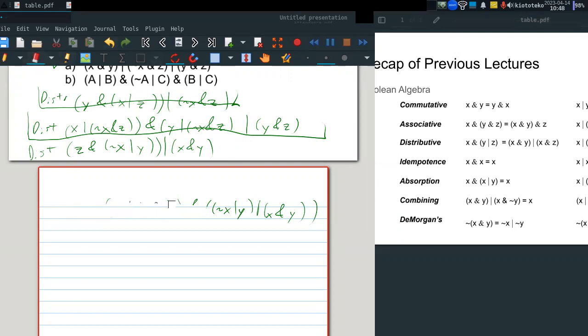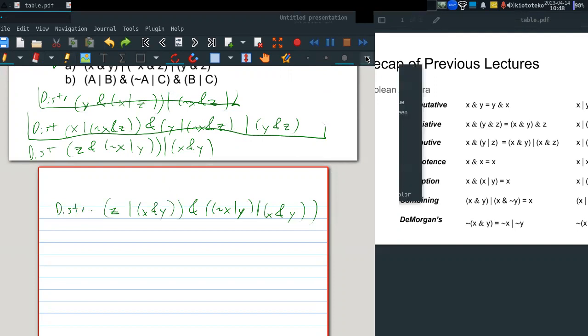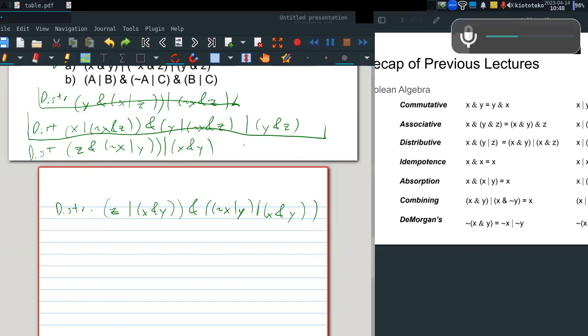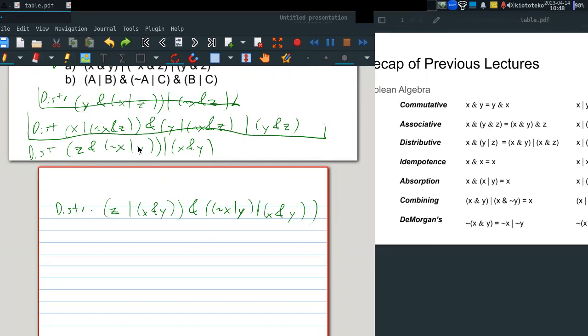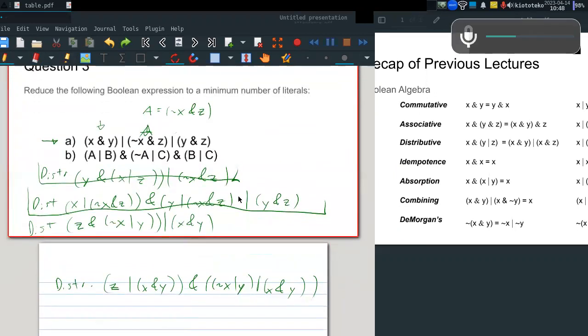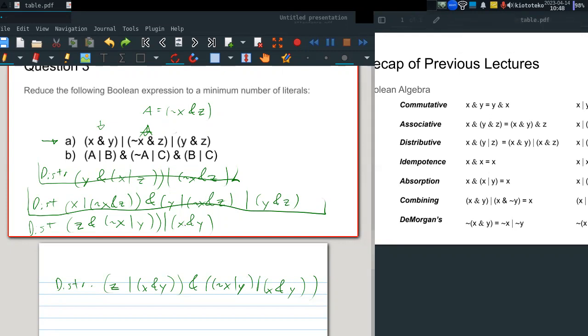Let's just keep it there for reference. The way you solve this is, as one of your classmates was saying, you have this not X and X. Could we somehow introduce an X in here so that we can use these terms to do something with this? Let's see how that works.